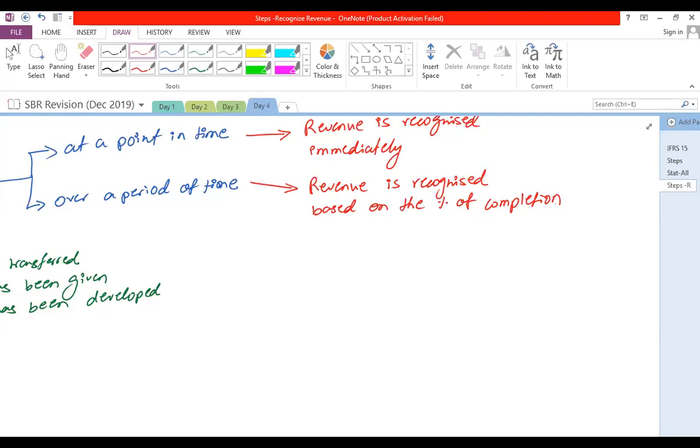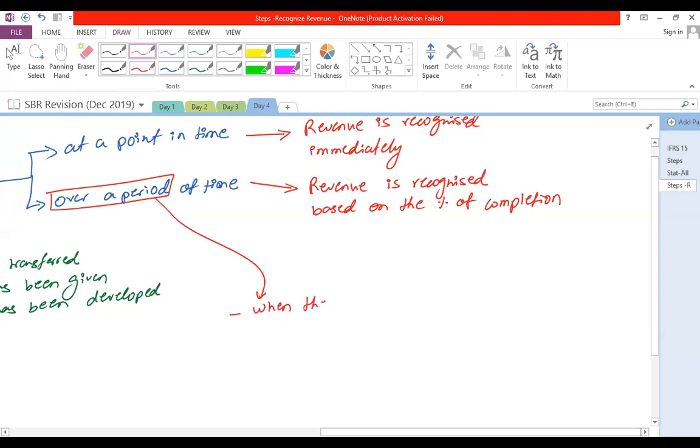And how do we know whether the control is transferred over a period or not? It's transferred over a period when the customer obtains benefit as the company performs its obligation.